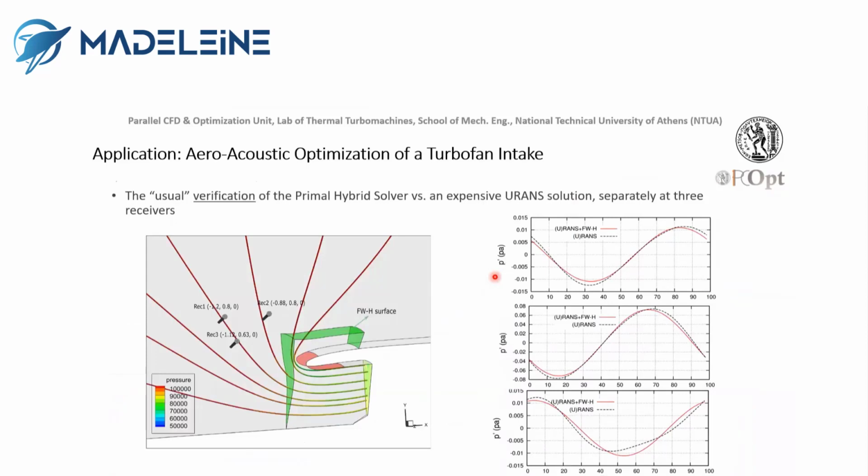Before proceeding to the optimization, the primal hybrid solver was verified against the expensive unsteady Reynolds-averaged equation solver. To the right of the slide, for 3 receiver locations, you may see that we have a good agreement in the pressure perturbation.